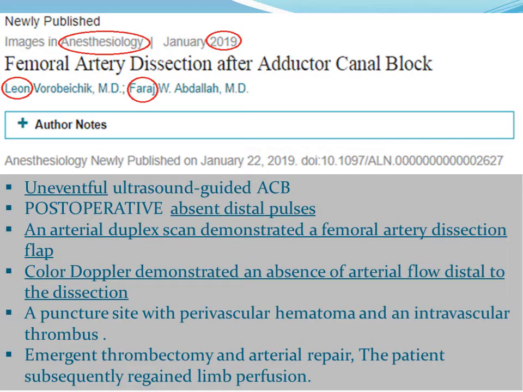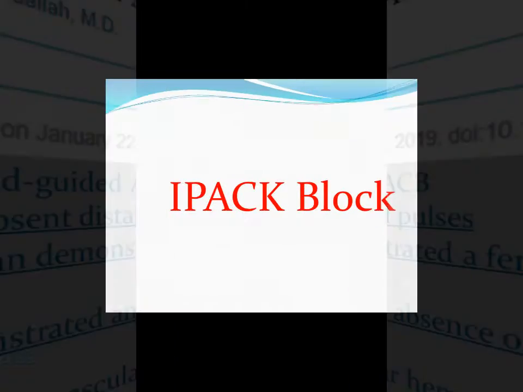Color Doppler demonstrated absent arterial flow distal to the dissection, and at surgery there was a puncture site with perivascular hematoma and intravascular thrombus. Emergent thrombectomy and arterial repair were done. The patient subsequently regained function.